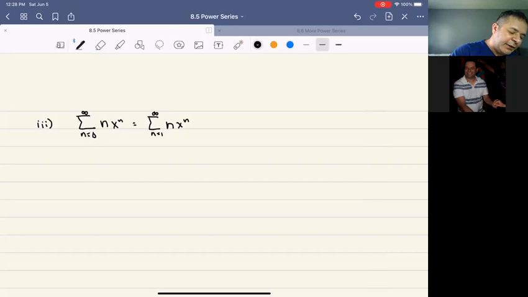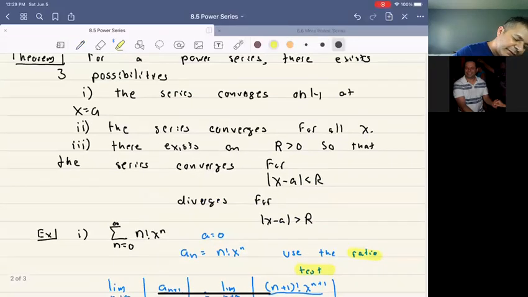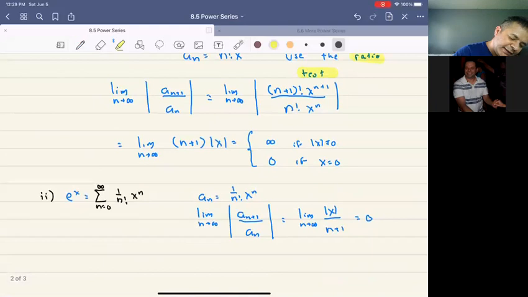So again, our a sub n is n x to the n. Okay, so the limit as n approaches infinity. Did I say I'm using the ratio test? Sorry for those of you.